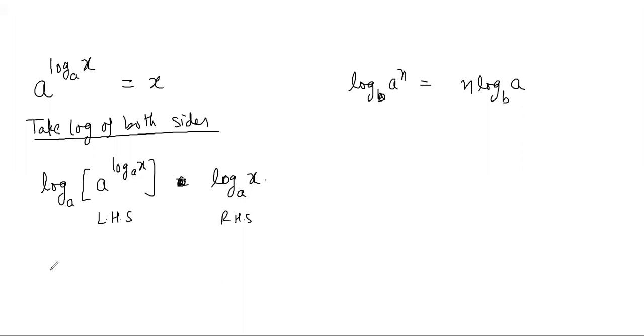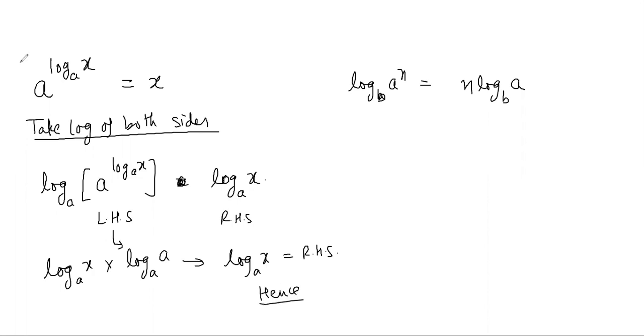So LHS can be written as log of a base x multiplied by log of a base a. Okay, log of a base a is 1. So this is equal to log of a base x, which is equal to RHS. So hence it is verified that a to the power log of a base x is equal to x.